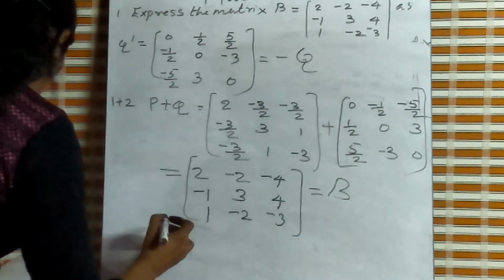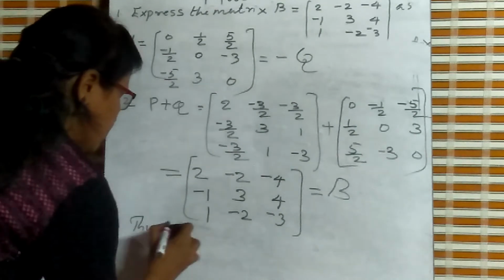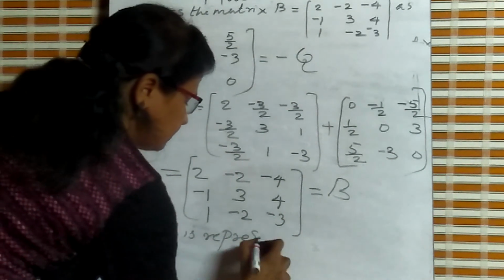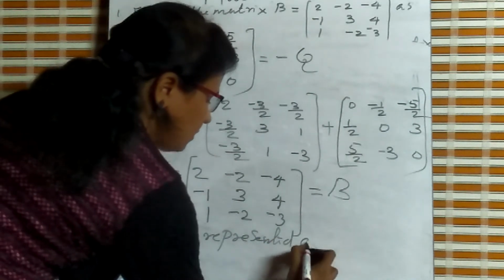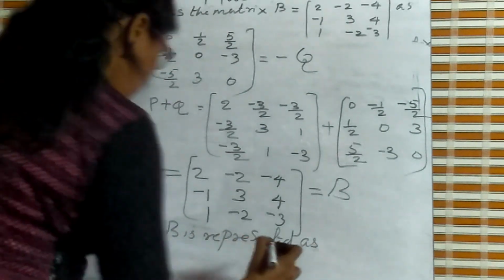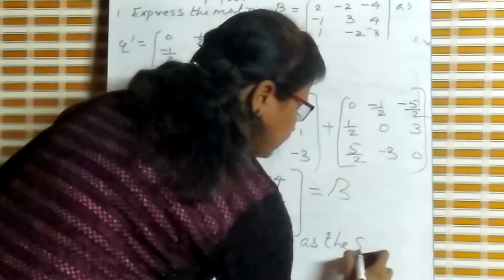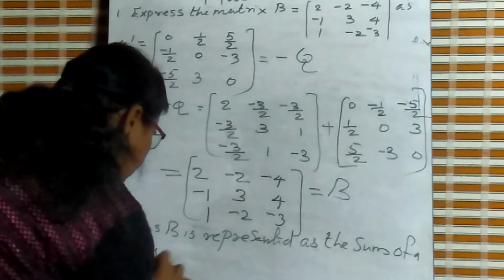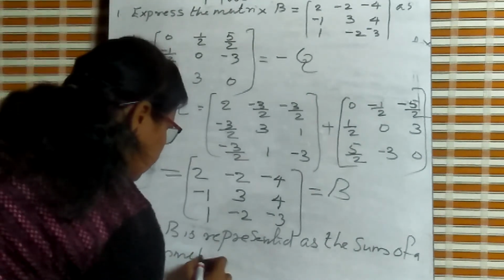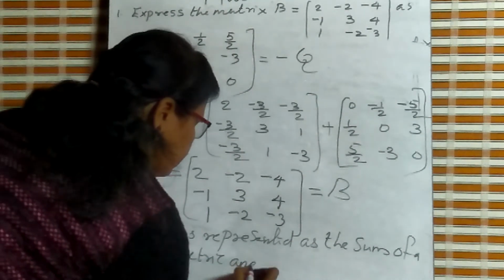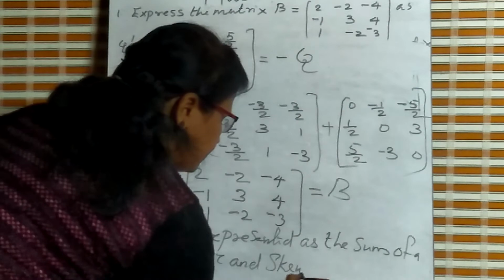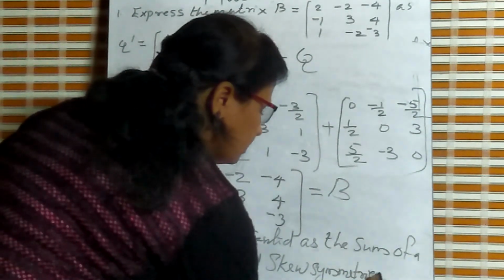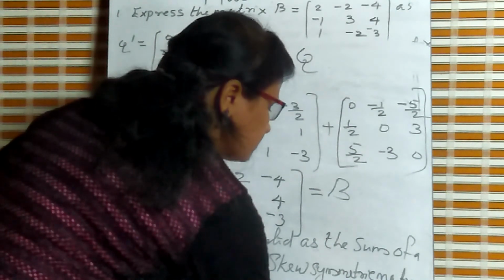So, thus B is represented as the sum of a symmetric and skew symmetric matrix.